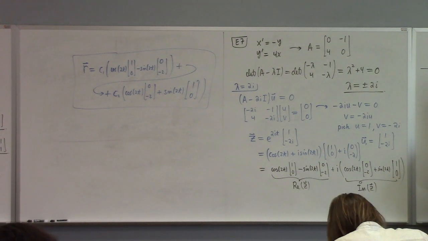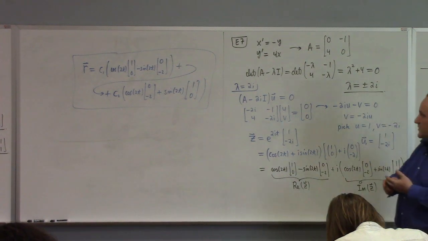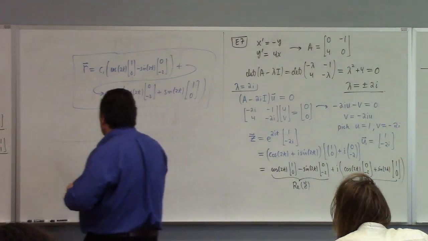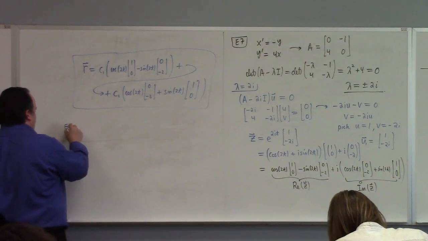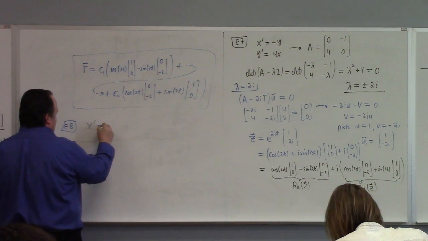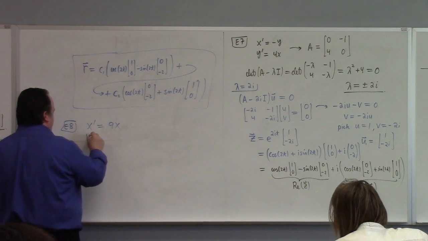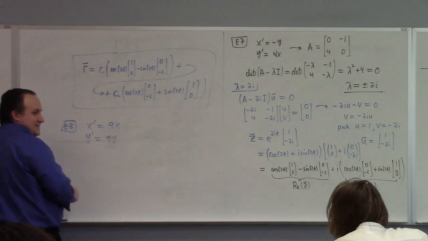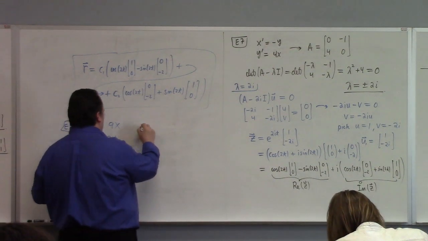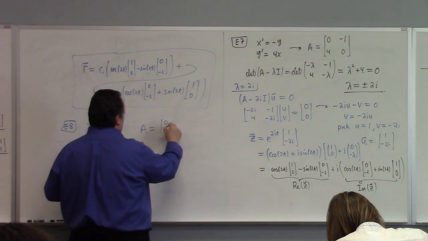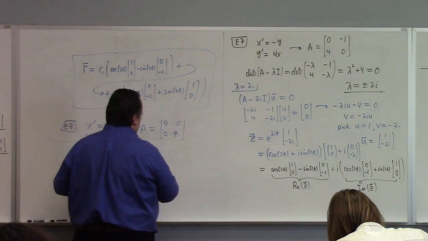All right? What's the dumb example? This one I can solve stupidly easy. Check this out. x' = 9x, y' = 9y. All right? So this gives me A is the matrix (9, 0; 0, 9).